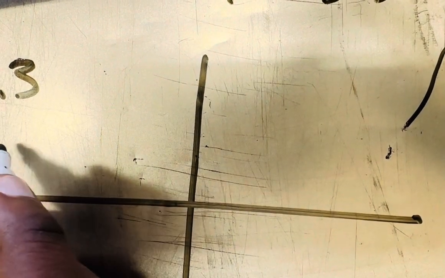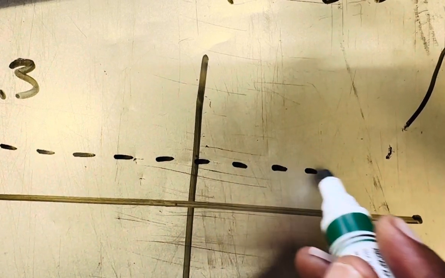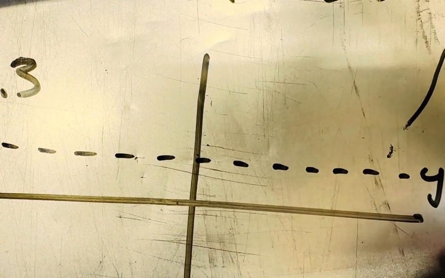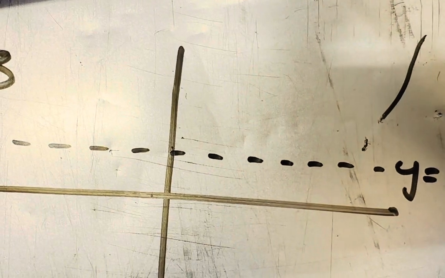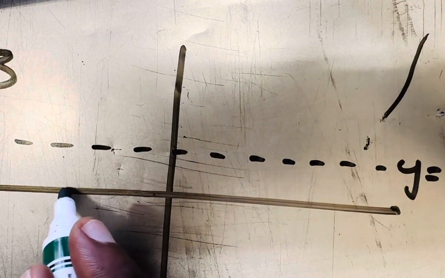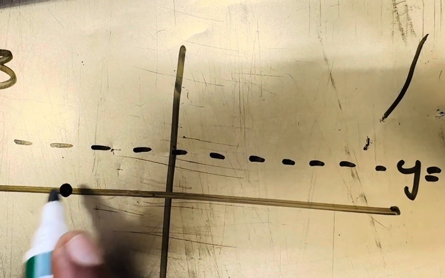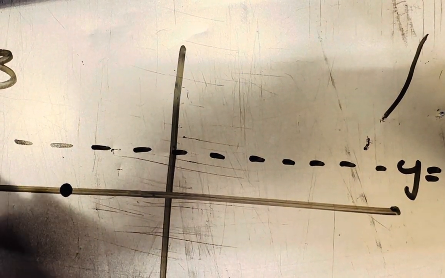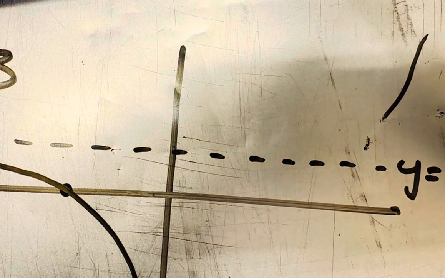We have the asymptote, which is y equals 1. And then we have the x-intercept, which is negative 3 and 0, so the graph will be moving like that.